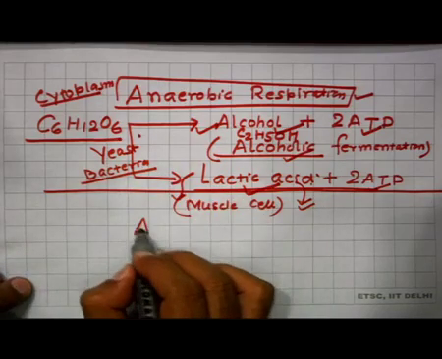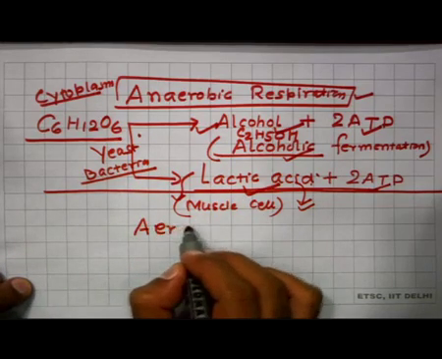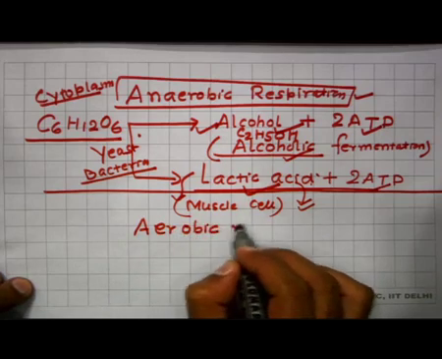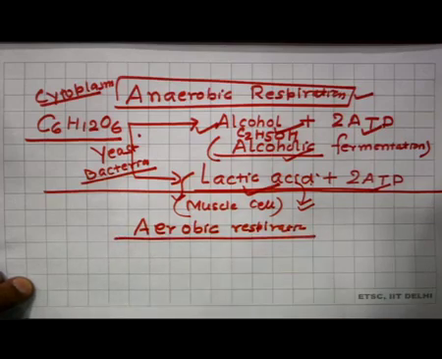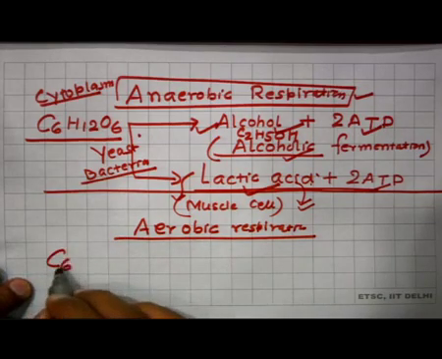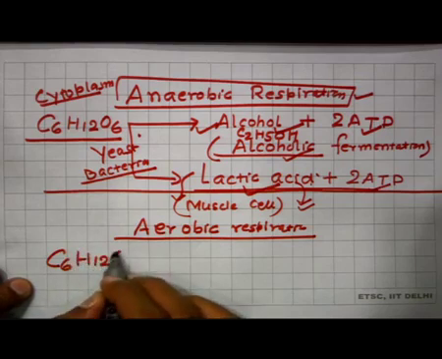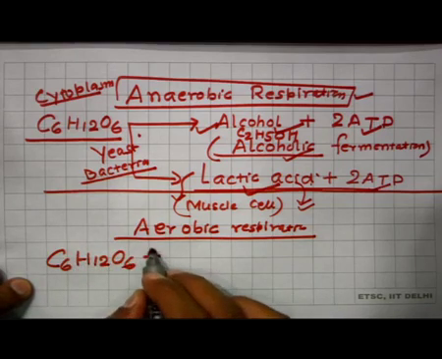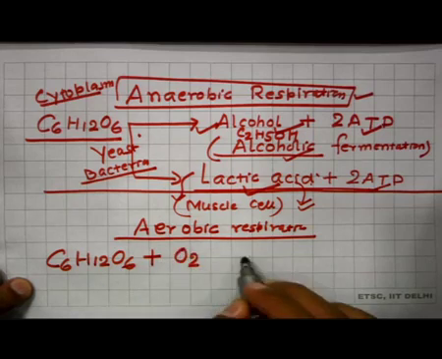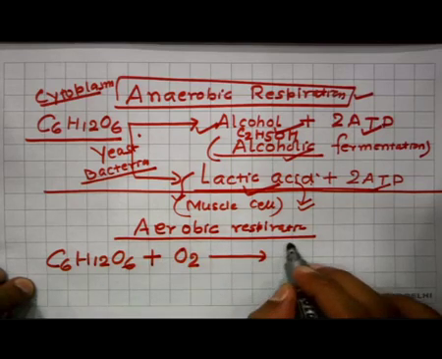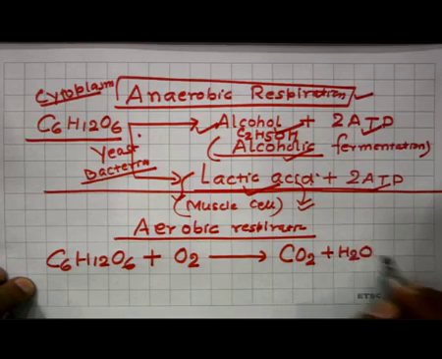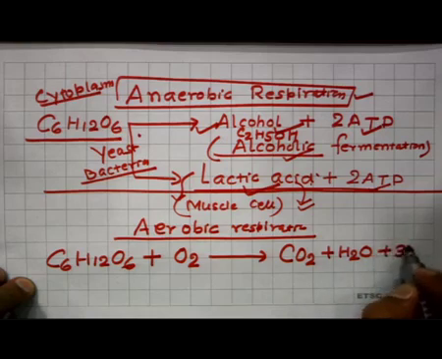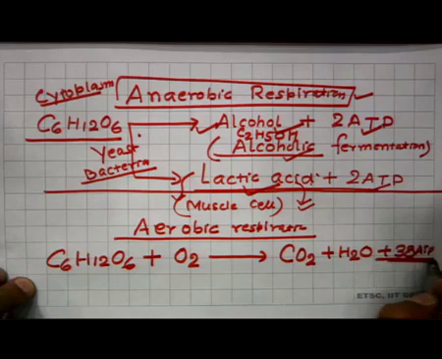Now, aerobic respiration. In aerobic respiration, the entire reaction: C6H12O6 combines with oxygen, and forms carbon dioxide, water and 38 ATP or 36 ATP.